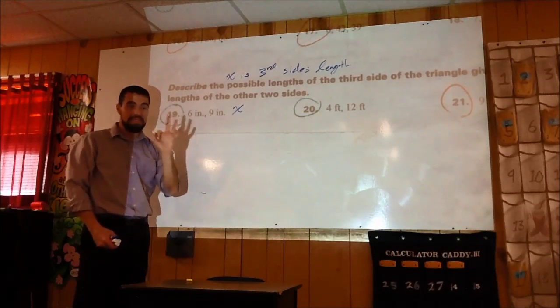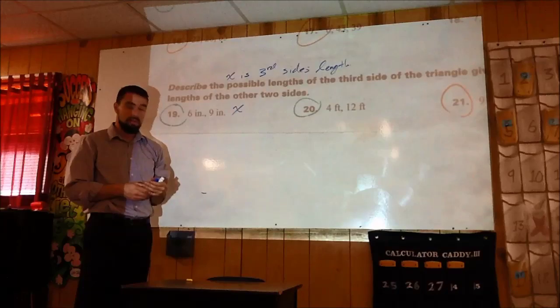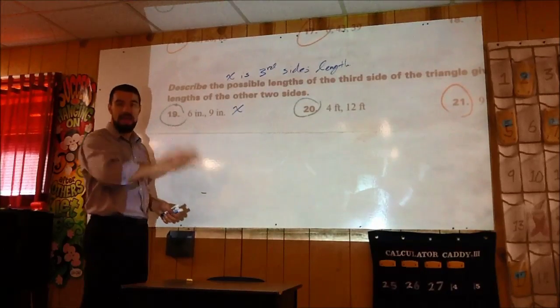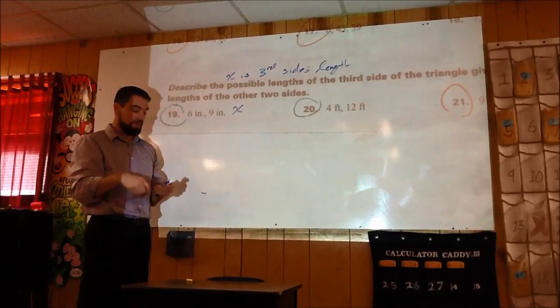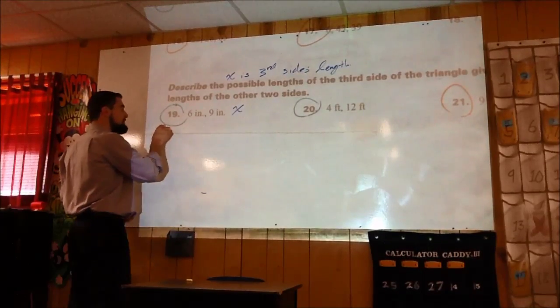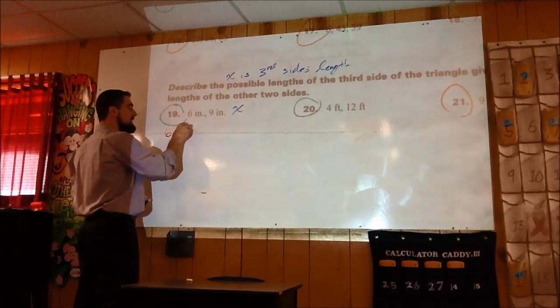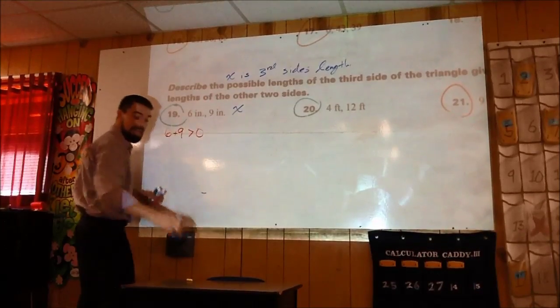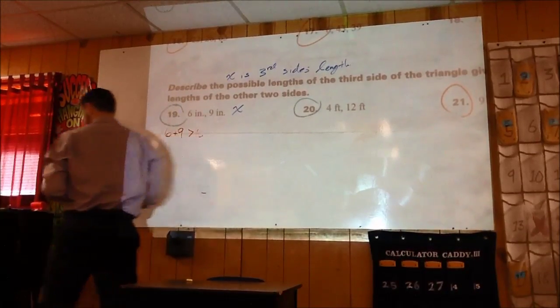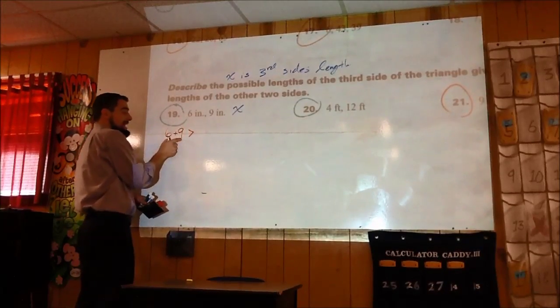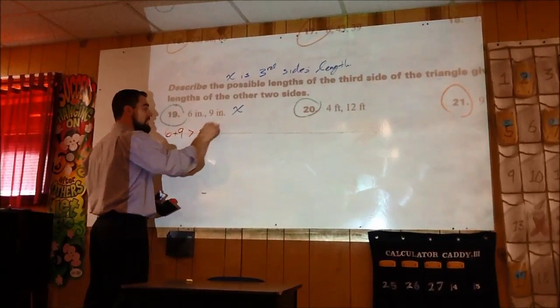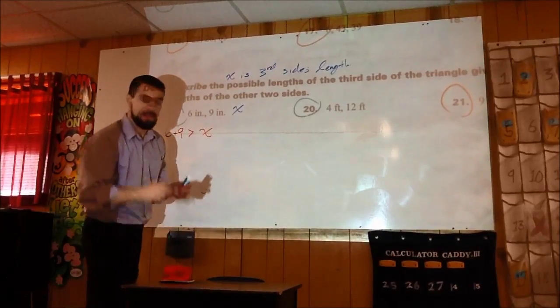You've got 3 scenarios you need to test out. Whenever you add any 2 sides, it's got to be greater than the third. So one scenario is going to be, when you add 6 and 9, that's got to be greater than x. These are my 3 side lengths. That's one scenario.